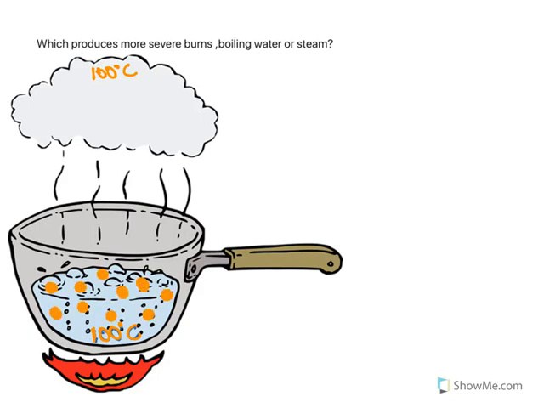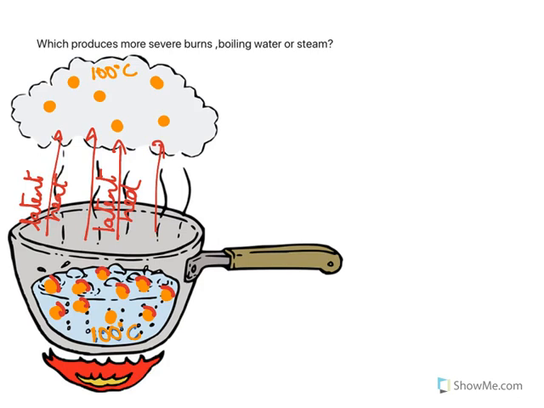Here are molecules of liquid water, and these molecules take up heat, which we've learned is called the latent heat of vaporization, and they change into steam. So molecules of water take up heat, vaporize and form steam.